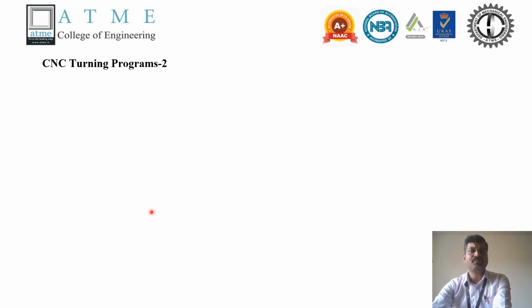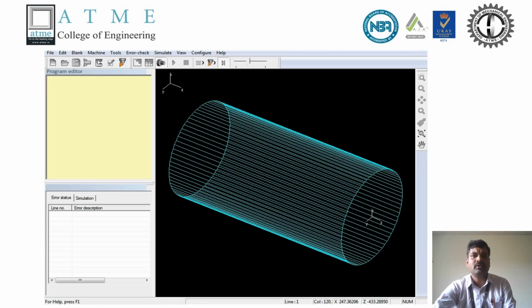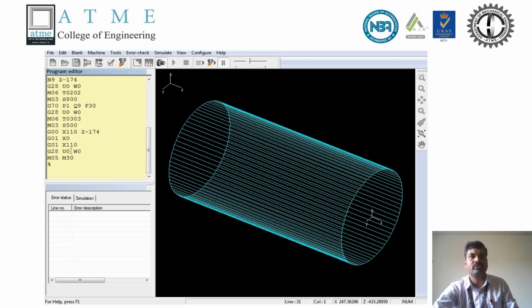The same program we are going to simulate in CAD-M software, that is CNC turning operations. These are the step by step instructions for the simulation of the program. The program will be loaded here. Whatever program I have shown, that will be loaded here.